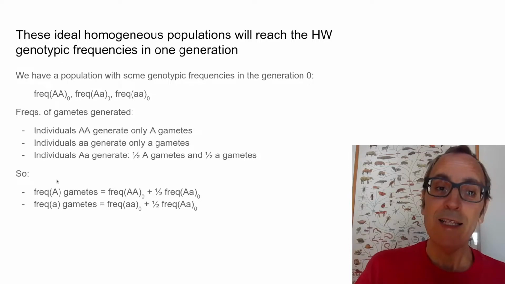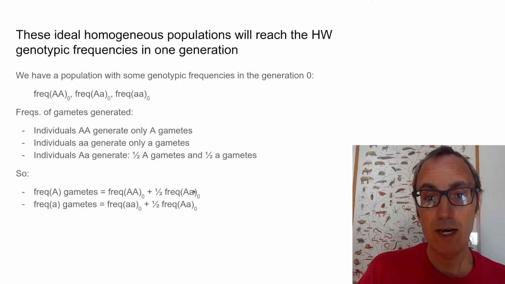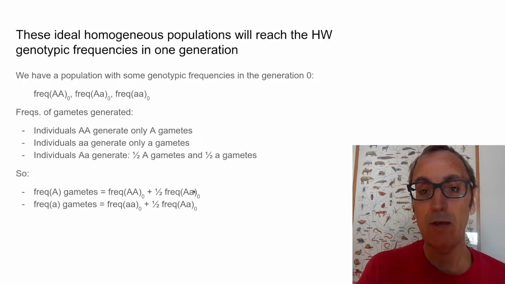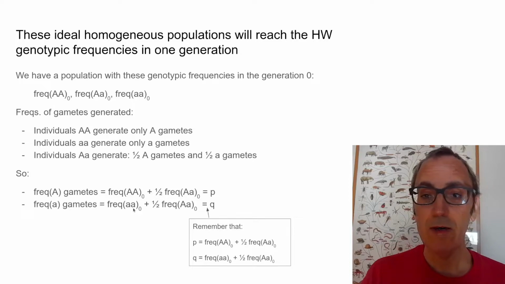So the frequency of the A gamete is exactly the same as the allelic frequency, that means p, and the frequency of the lower a gamete will be q.